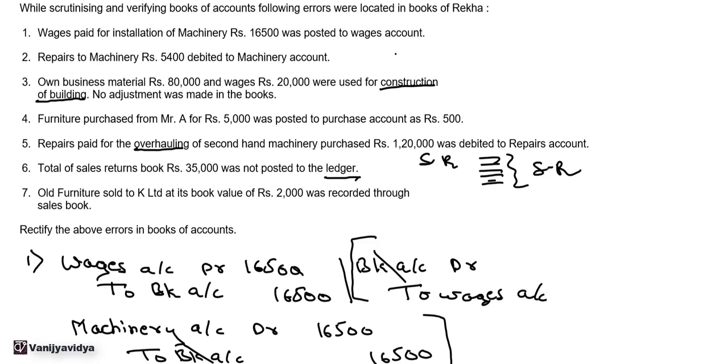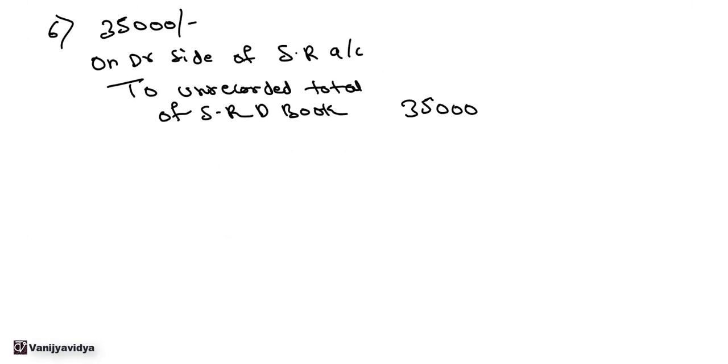Now there is one more thing here. See, this has been told that it has been sold at a book value. That is, whatever was the WDV of that furniture, it is sold for the same value. So there is no profit or loss on the sale of furniture. So let's see this transaction. The entry that has been passed is K Limited account debit 2000 to sales account.